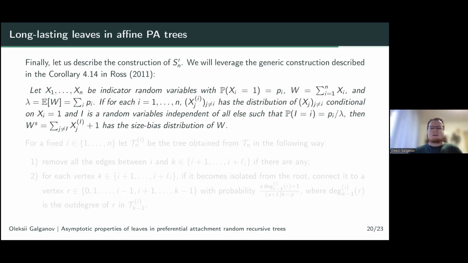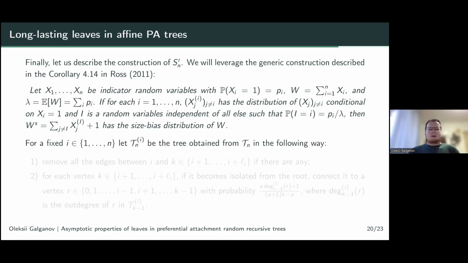For indicator random variables, if we first fix some index among these indicator random variables, and then exclude one of these variables from the sum, replace it with one, and then make this index random, then this new sum would have the size-bias distribution with respect to the original sum.